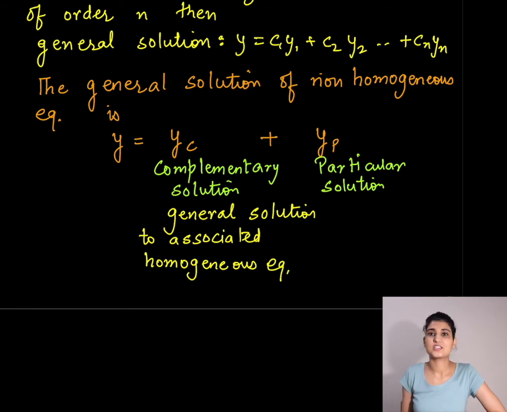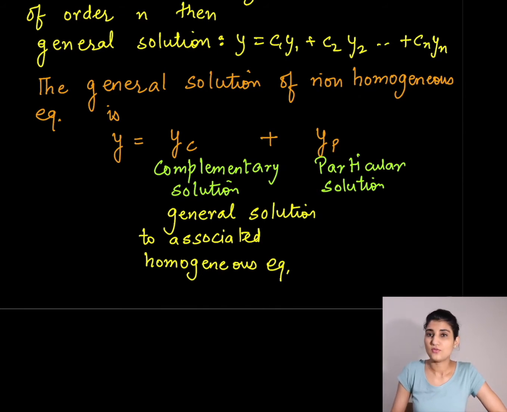See, everything is just very similarly extended from second order. That's why we discussed second order before. The particular solution can be any particular solution to the differential equation. The complementary solution always has n constants, c1, c2 up to cn, so yc will contain n constants.